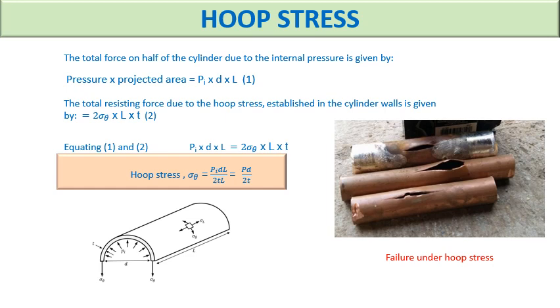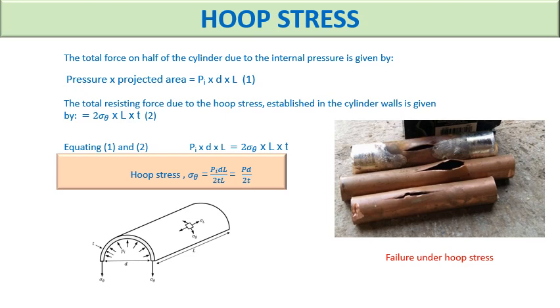If we equate these two, that is P into D into L, the pressure force due to the internal pressure, and the resistance offered by the walls of the cylinder, that is 2 into sigma theta into t into L, we can see that the hoop stress or the circumferential stress is given by PD upon 2t.